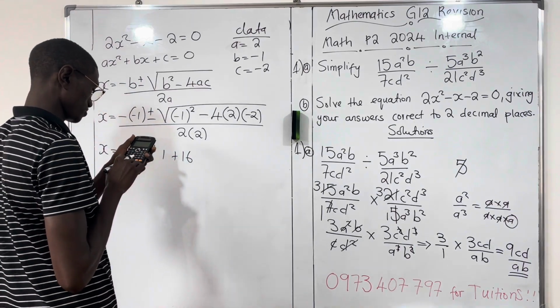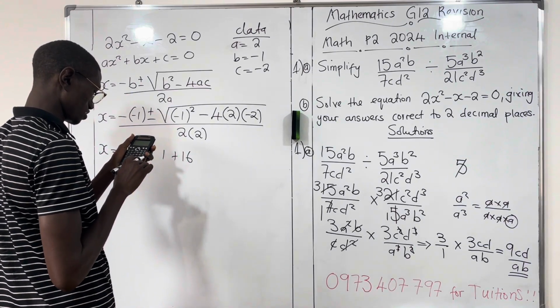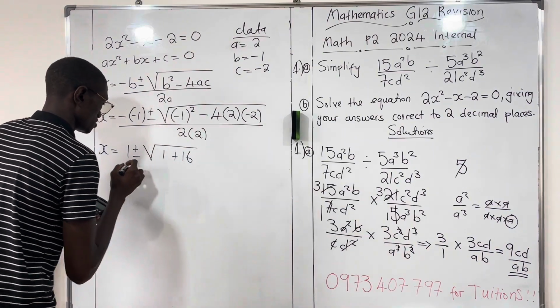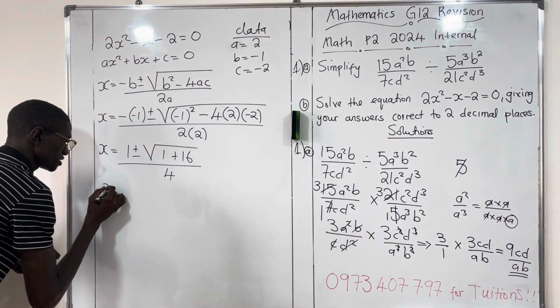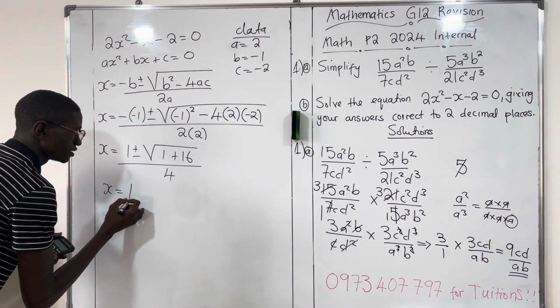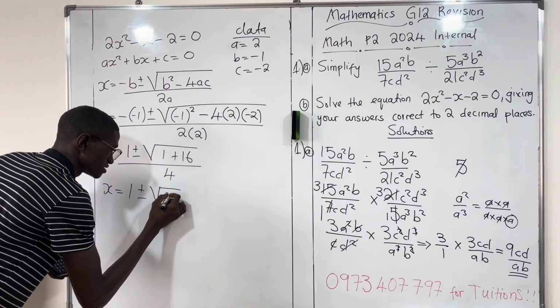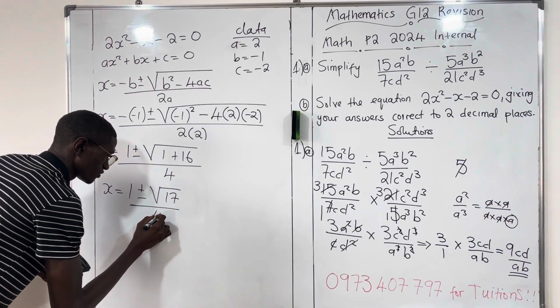For confirmation, we can simply punch 4 times 2, close, open, negative 2, close. That's positive 16. We are correct. 2 times 2 there gives us a 4. Then x is going to be equal to 1 plus or minus the square root of 17. 1 plus 16 is 17. And then over 4.